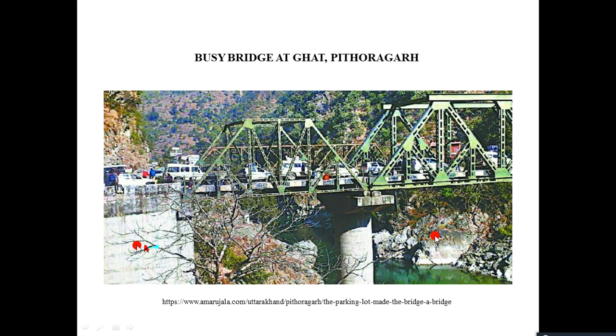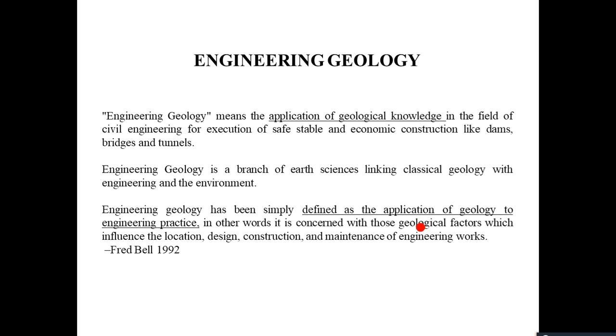So we need to study the rocks and the soil simultaneously. While making various engineering structures, we need to know the geological aspects also. Now what is it that we actually need to know? This is what we are going to study in engineering geology. You have seen various examples of engineering structures in your vicinity near Pithoragarh. Let us start with engineering geology then.